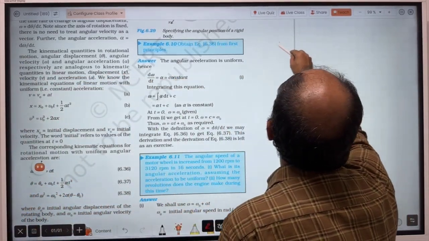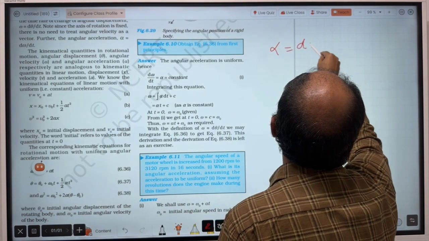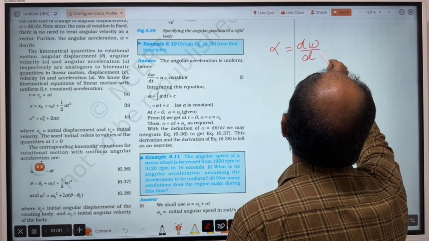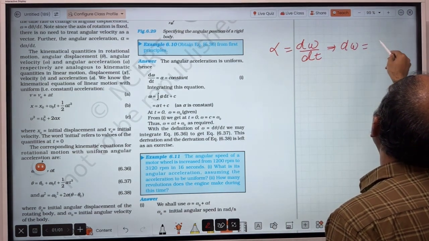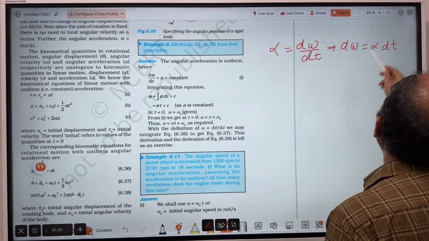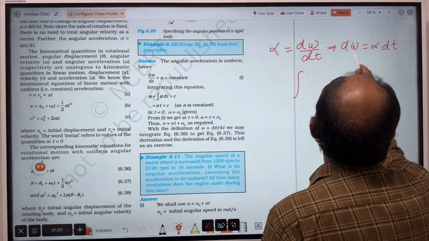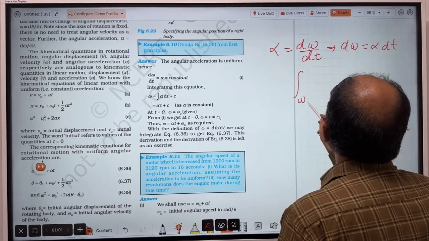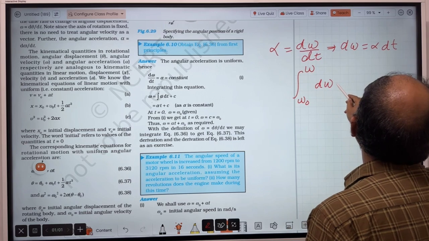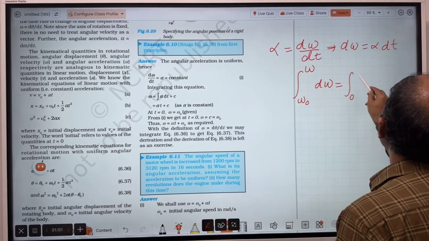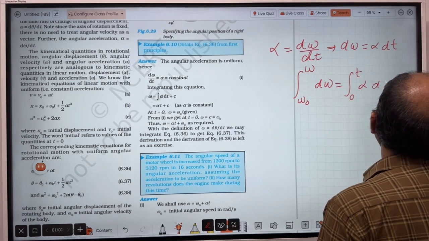You know alpha is given by d omega by dt, or you can write d omega equal to alpha dt. And now let's integrate it within limits. Here just write omega 0 to omega d omega equals time change 0 to t alpha dt.